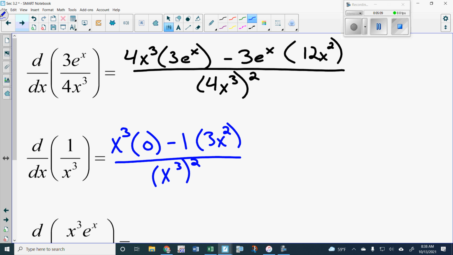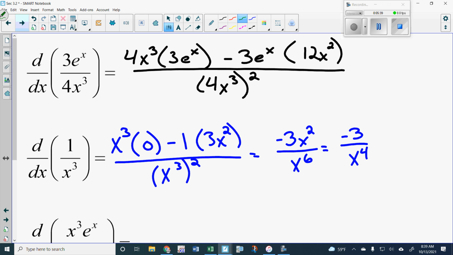I'm going to simplify this one a little bit here just to show you what can happen. This would be minus 3x squared over x to the 6th, which would be minus 3 over x to the 4th. Now, why is that important? I hope you recognize that you never do that.